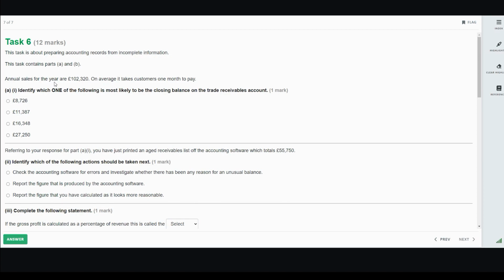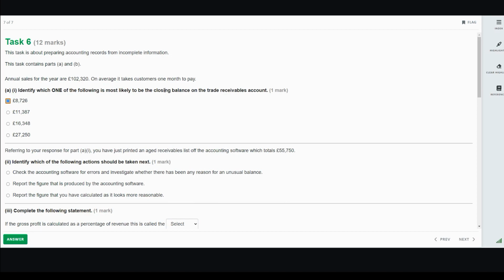Okay, so the easiest way to do it is 102,320 divided by 12, which gives you 8526.66666. The closest to that figure is 8726.